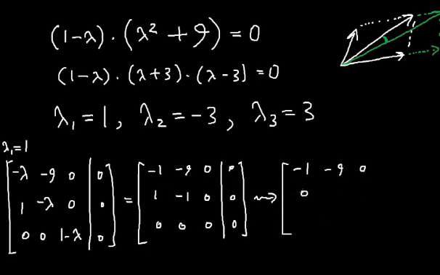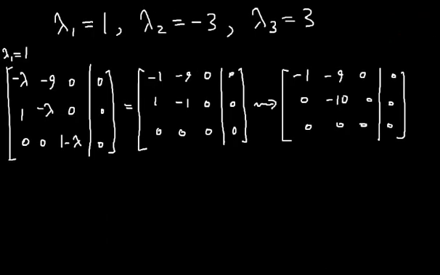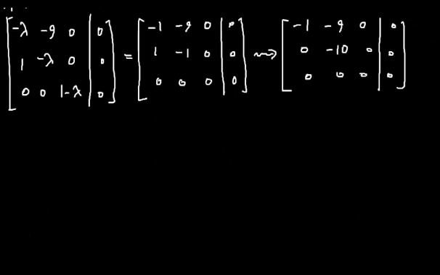So the second row will be 0, and just adding them, -9 plus -1 is, what is -9 plus -1? I think it's -10. And then we'll have 0 here. And so now we see more clearly that the eigenvector for this situation is going to have the third entry be any real number except 0.